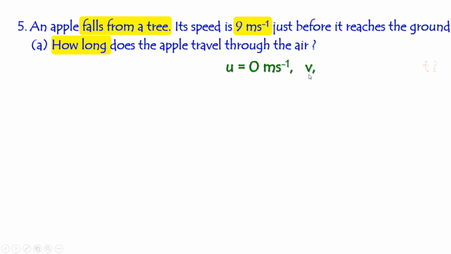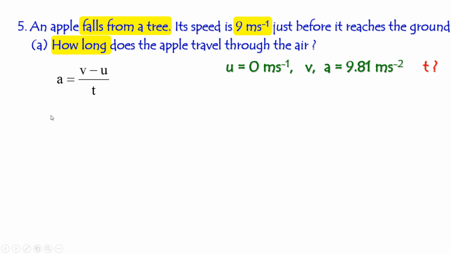And then how long? How long means you need to find out the time. And just as in the previous question, you should know the acceleration is equal to 9.81. So you have U, V, A, and T. So which equation should you use? Right, the second equation.